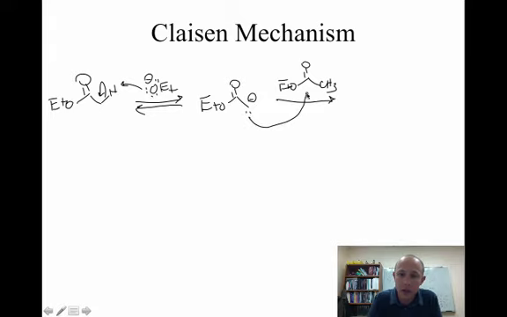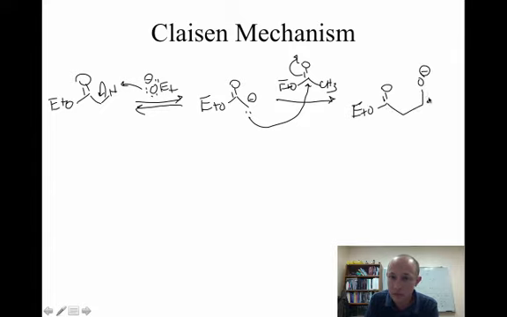So we come in here, we attack, we break the carbon-oxygen double bond to get our tetrahedral intermediate, which is going to look like this. And now remember the rule that if we can reform a carbon-oxygen double bond, we will. So we come back down, we kick that out. That gives us our beta keto ester.